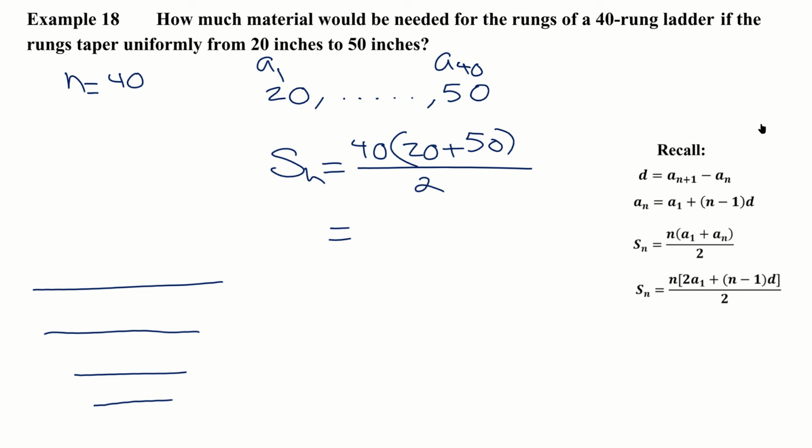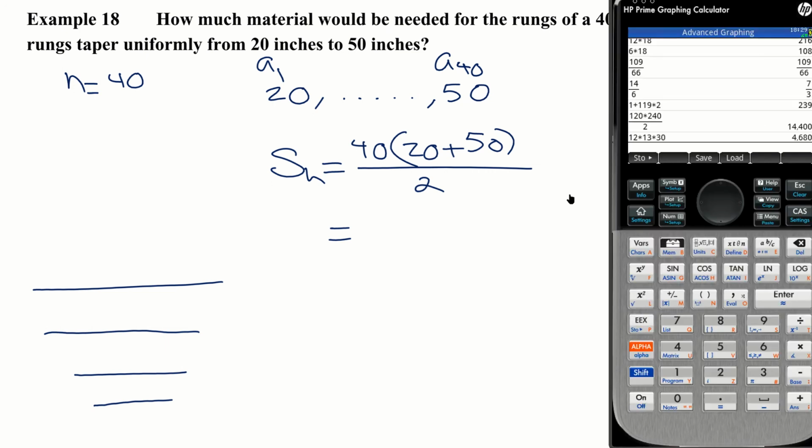So we have 40 times, that's 70, 20 plus 50, and then divided by 2. So we end up with 1400 inches. So you would need 1400 inches of material to be able to build a ladder like that.